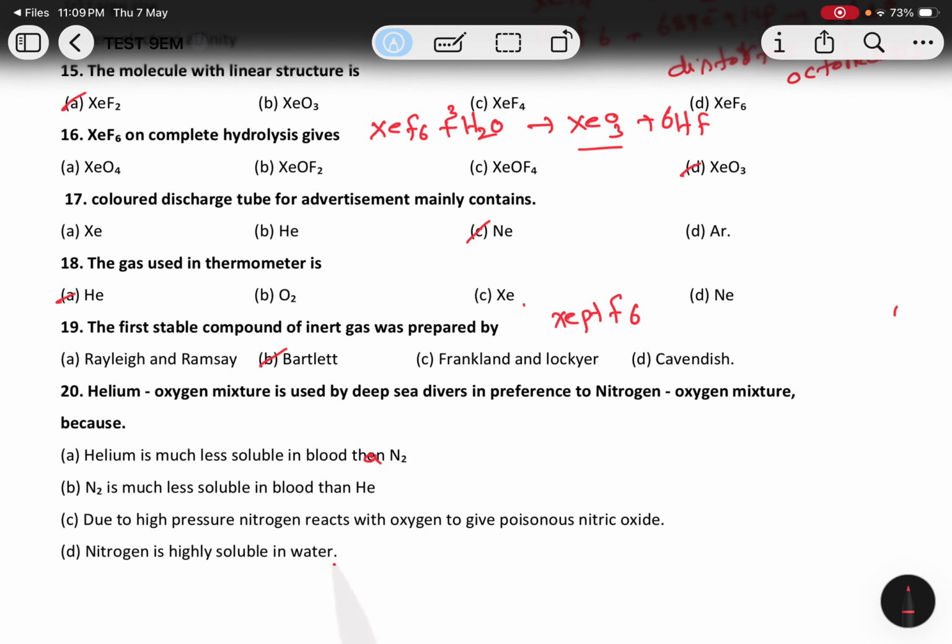Helium prevents the risk of nitrogen narcosis and bends, that means pain in the tissues, since more nitrogen gas dissolves in the blood. By using helium, you can prevent the risk of nitrogen narcosis and bends.